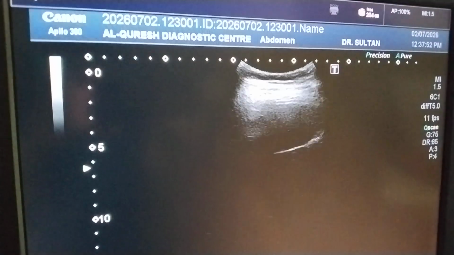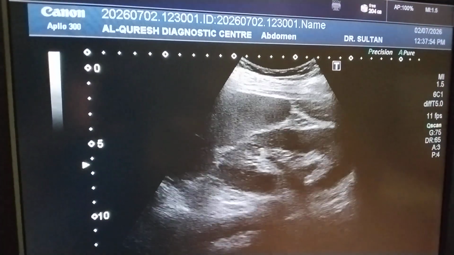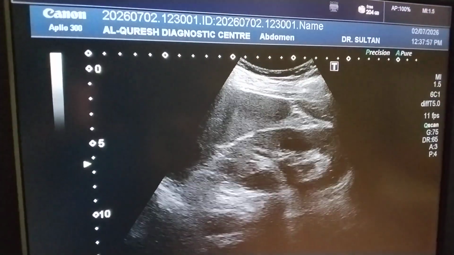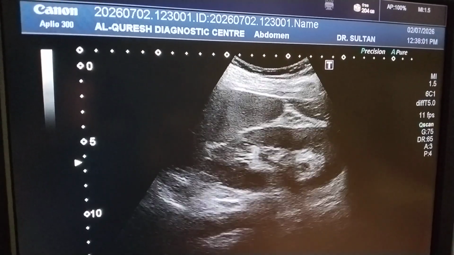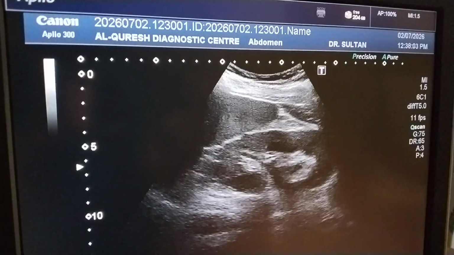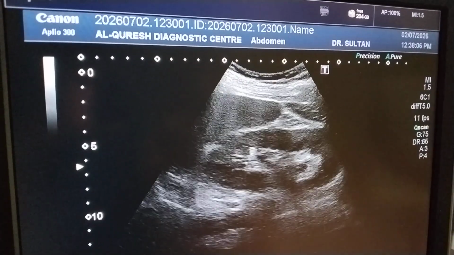So first we are going to scan the left kidney. Ask the patient to adopt the decubitus position so that we can see the kidney.